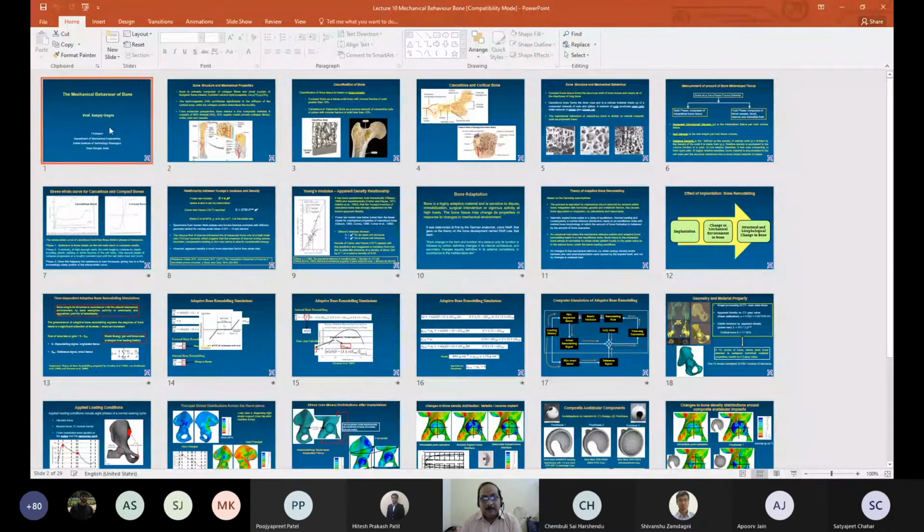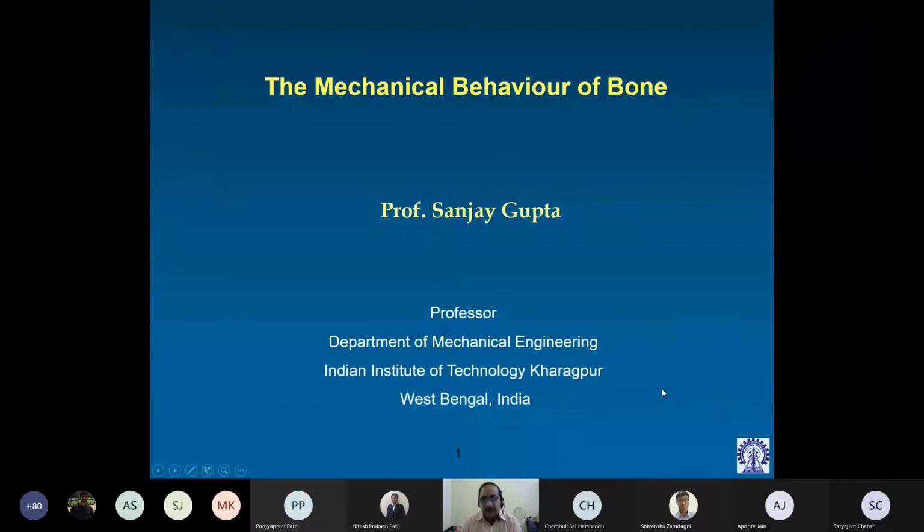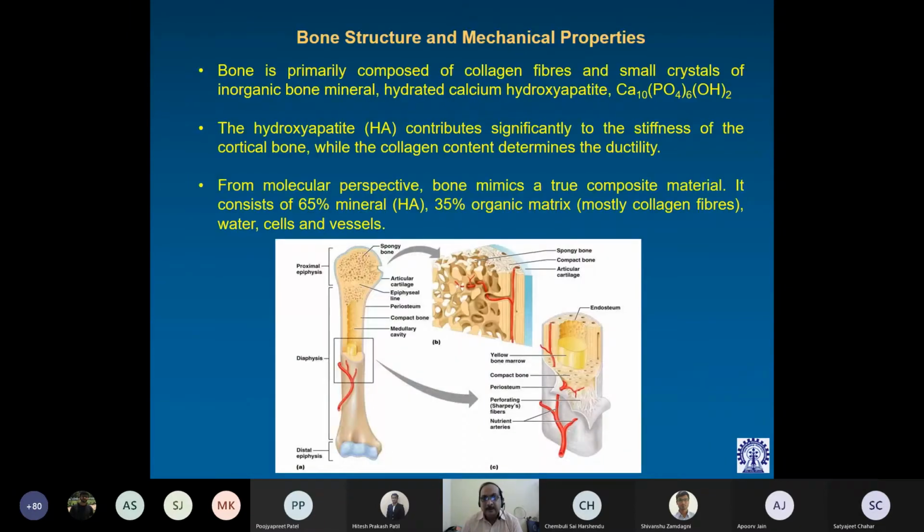Now, bone structure and the mechanical properties are very important constituent of this course.